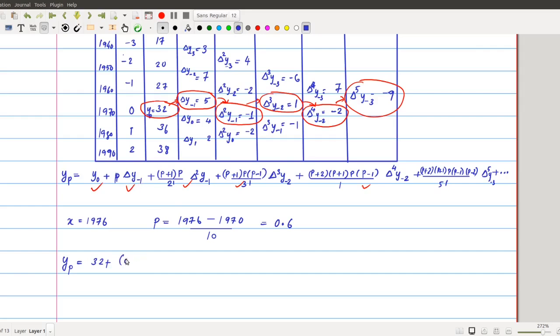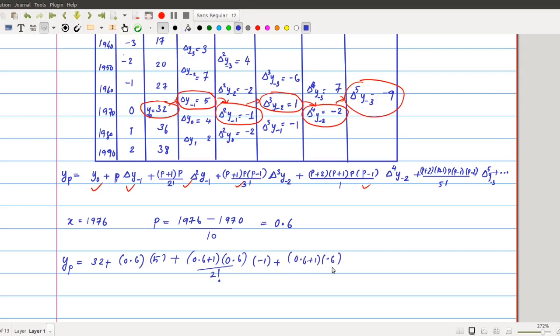So p is 0.6, that times this number 5, plus the third term will be p plus 1, that is 0.6 plus 1 times p, that is 0.6 divided by factorial 2 times this times delta square y minus 1, that is this number, delta square y minus 1, that is minus 1.